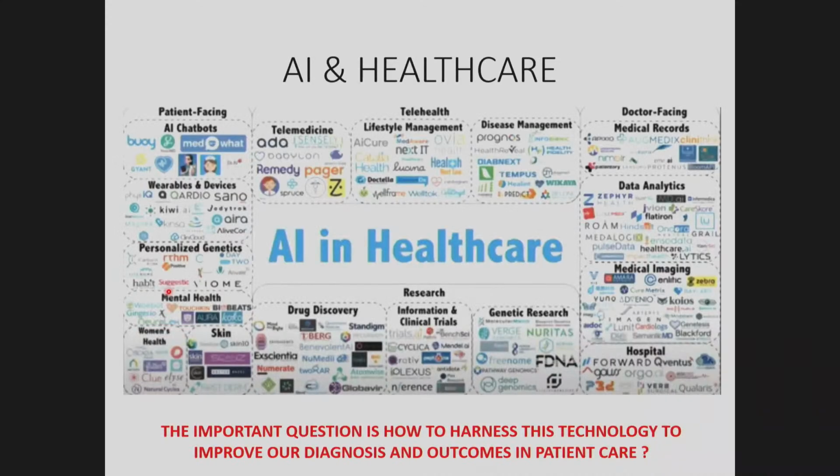In brief, I think we have seen this in telemedicine, in the era of wellness and lifestyle management, disease management in terms of hypertension, diabetes, constant feedback to patients, in terms of collating medical records and connecting the dots, some causality of disease.